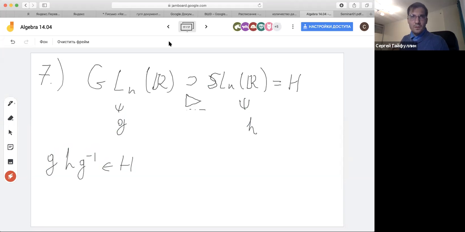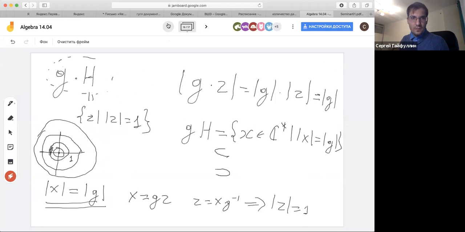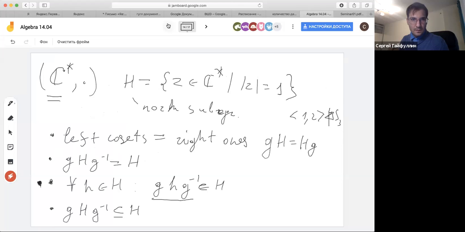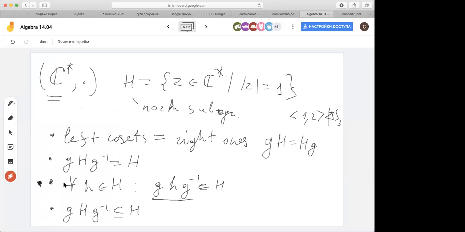Okay, we will use not the first one here, the third point here. All the points are equivalent. That was shown in lectures. And we want to use the third definition of normal subgroup.